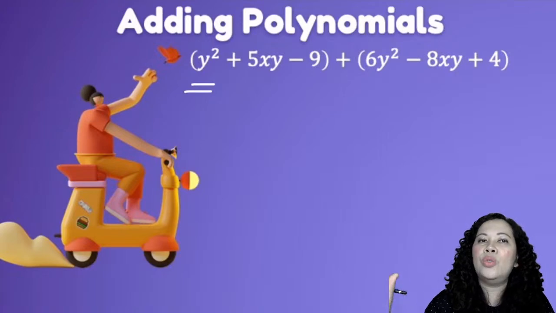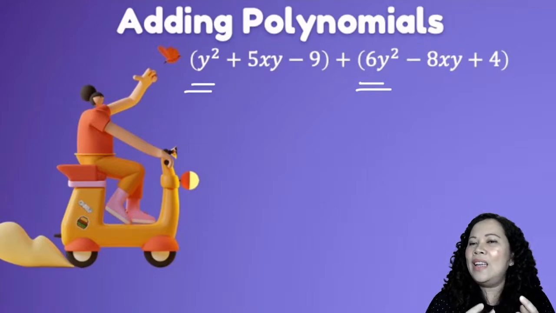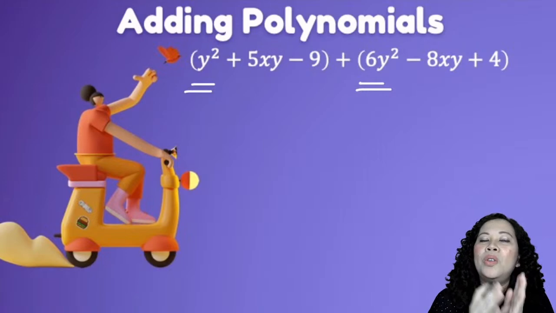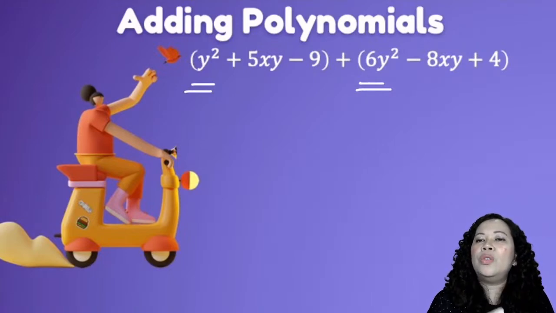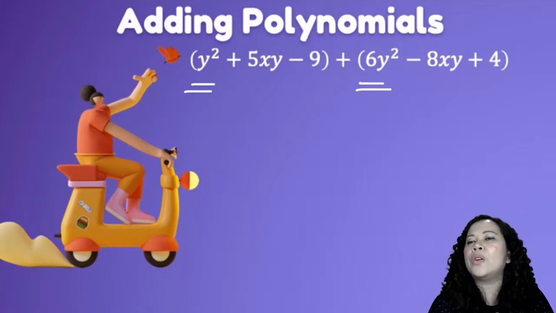So all we need to do is rearrange them, put them together, or you can just directly add the numbers, and then copy the variables or your terms.